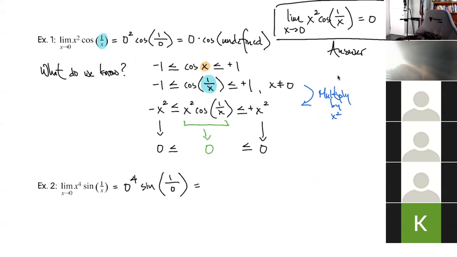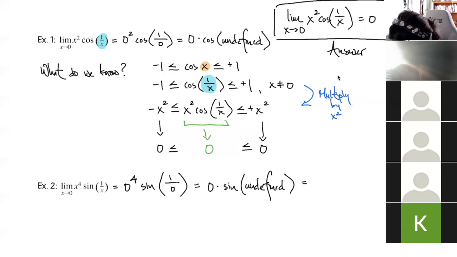And that's the same as 0 times sine of undefined, which actually is going to be just 0 times undefined. Okay, so I can try substitution here, but it's getting me basically to the same place that it was in example 1.